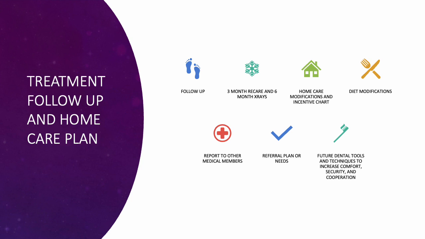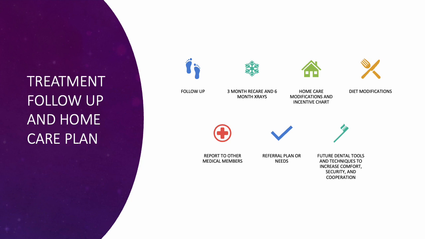We need to modify the high carbohydrate and high available sugar content of his diet. This is going to help his overall diabetic condition as well as lower his chances of decay. I personally want to generate a report to the other medical members of his team so that they understand what my plan is for his oral health and also how I see that impacting his overall health.